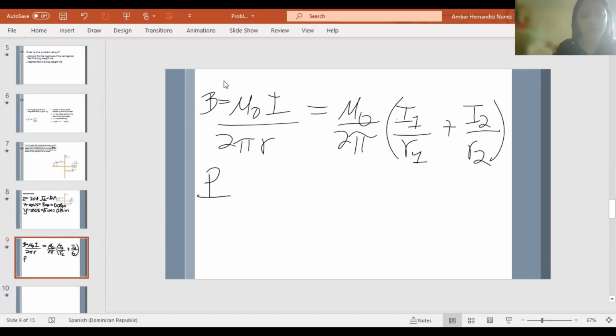So at point P, we just have to plug the values into our formula.